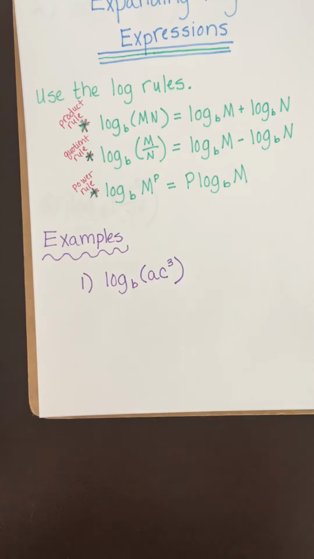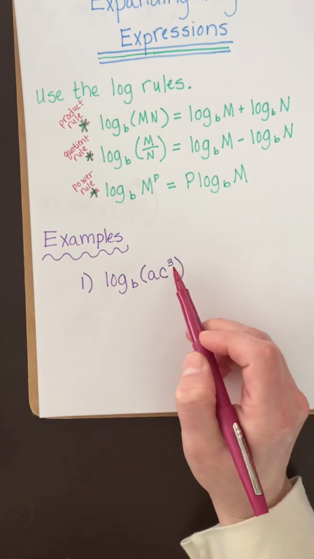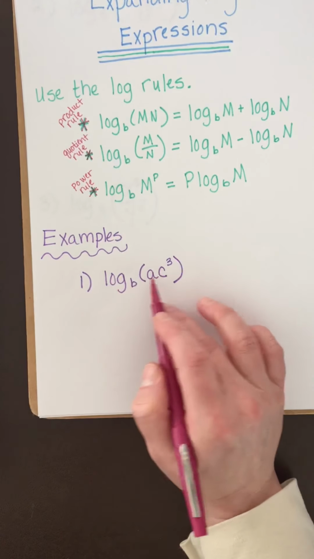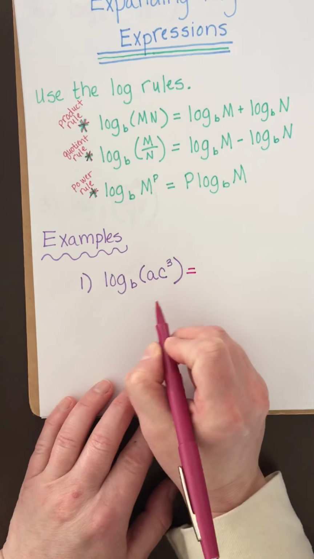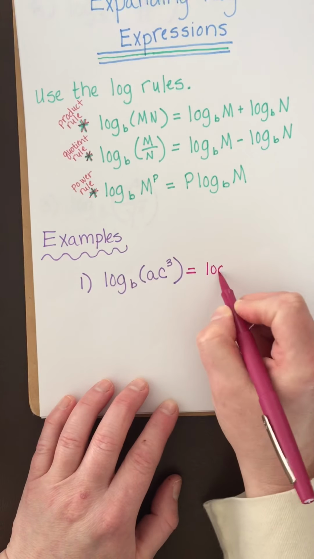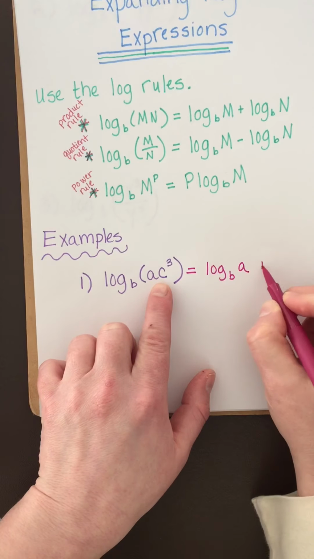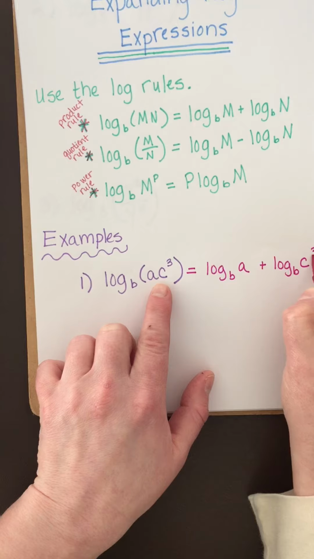For the first example, we have the log base b of a c cubed. Now, that 3 is just with the c. I have the log of a product, so I'm going to use the product rule first, and I can think of this as the log base b of a plus the log base b of c to the third power.